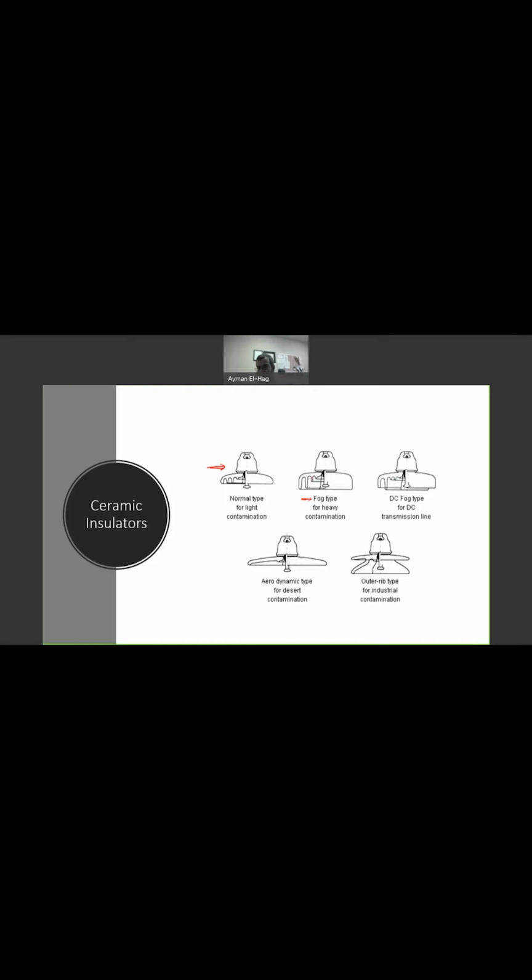See here, those grooves are even much deeper than here for two reasons. We increase more the surface resistance, and we have more protected area. So when you have the fog type, we have heavy contamination. These areas will not be easily wetted, and hence it will be protected from the leakage current.